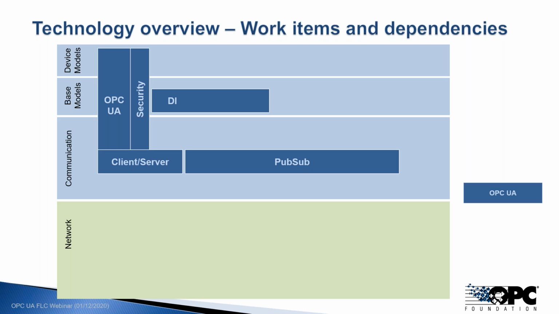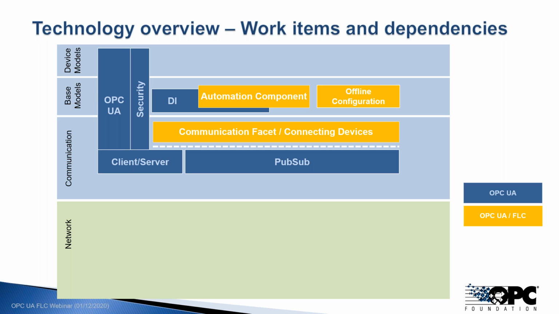And we are adding concepts for information modeling, for behaviors, for what we call automation components, including offline configuration, including the connectivity aspect to connect automation components with each other using client-server and pub-sub mechanism. And we are adding the different device models on top that stand for different device types. For example, functional safety devices, motion devices, instruments, and whatever is needed.